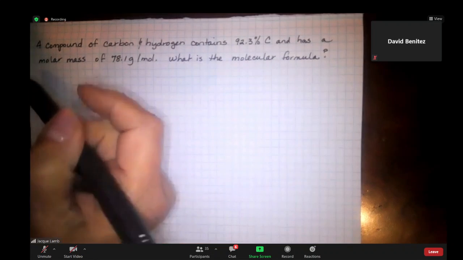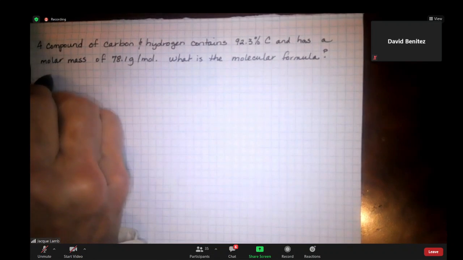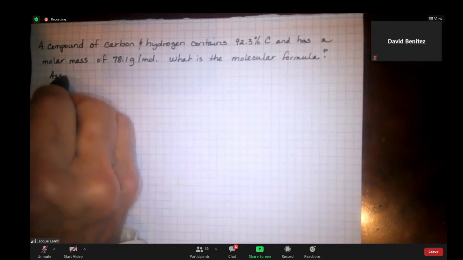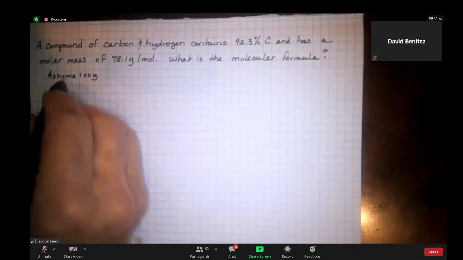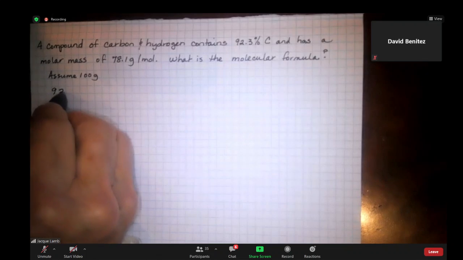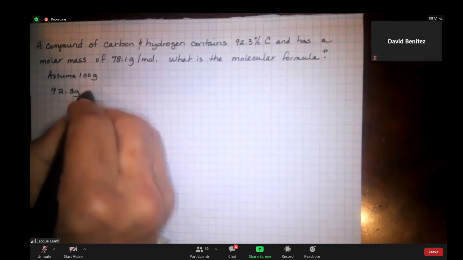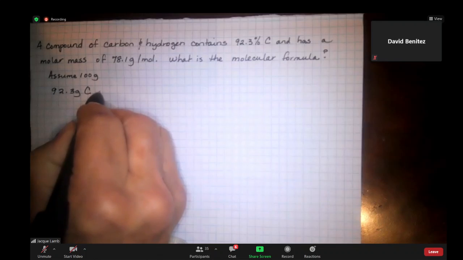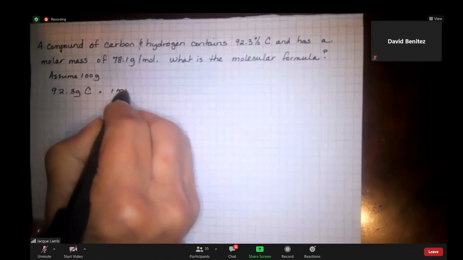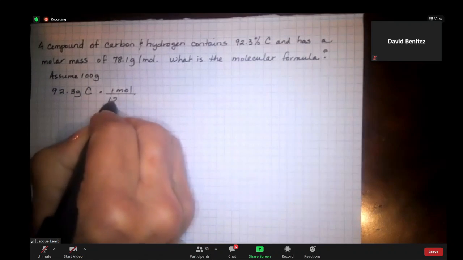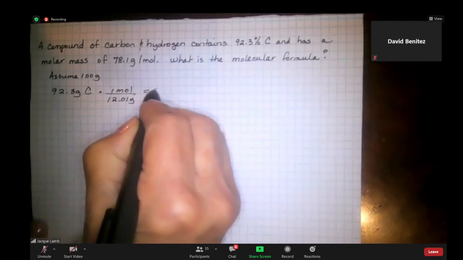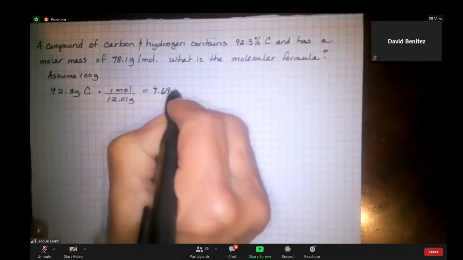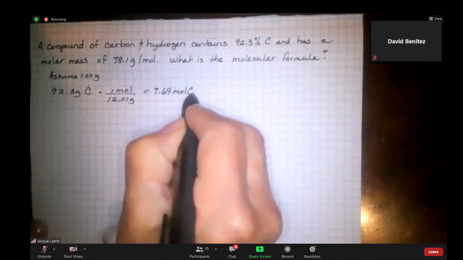7.7%. So we're going to do the same thing we did before. We're going to assume 100 grams. 92.3 grams of that is carbon, times 1 mole per 12.01 grams, and that equals 7.69 moles of carbon.